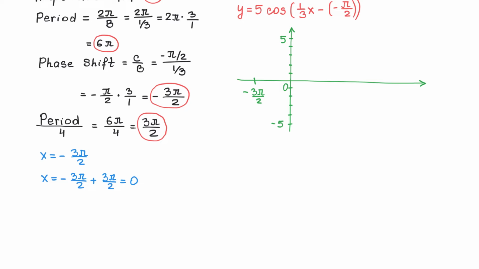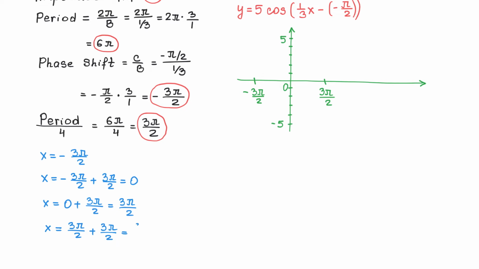Now let's continue with the next x, and for this we take 0 and we add a quarter period, 3 pi over 2, and this equals 3 pi over 2. Let's plot this on the x-axis. Here we have 3 pi over 2. And now we will continue with the next x. This will be 3 pi over 2 plus a quarter period, which is also 3 pi over 2.